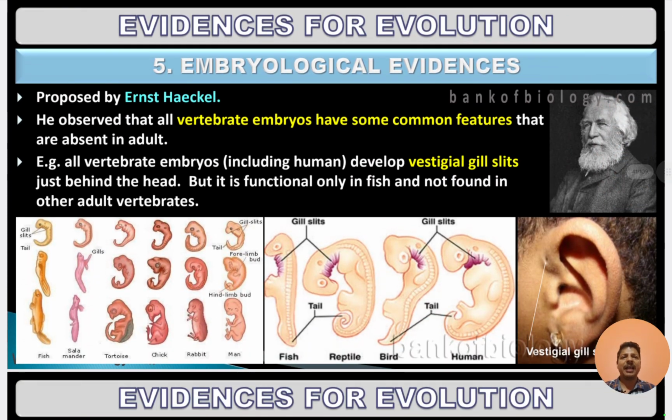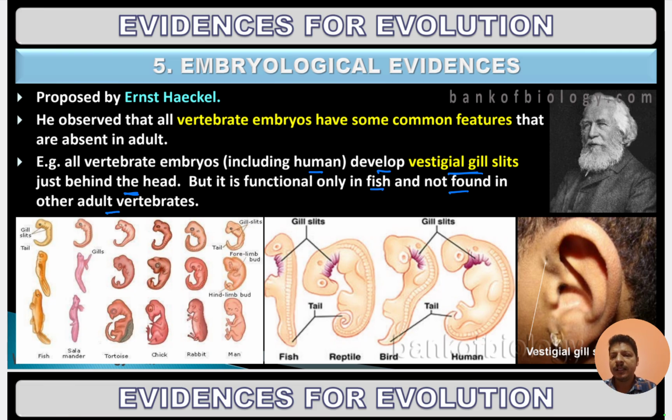Fifth is embryological evidences proposed by Ernst Haeckel. He observed that all vertebrate embryos have some common features that are absent in adults. Example, all vertebrate embryos including humans develop vestigial gill slits just behind the head, but they are functional only in fishes and not found in other adult vertebrates.